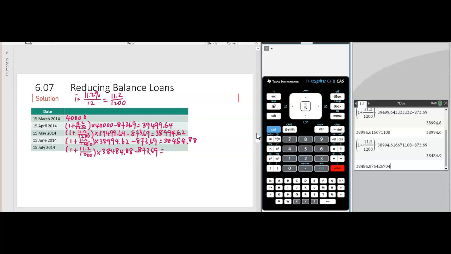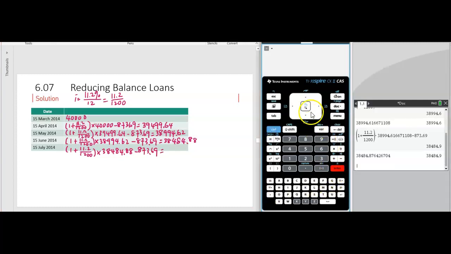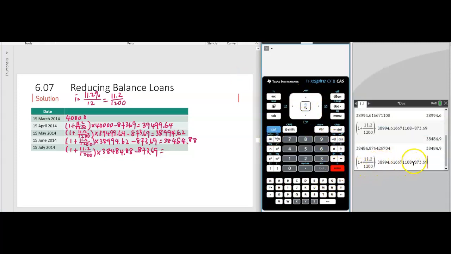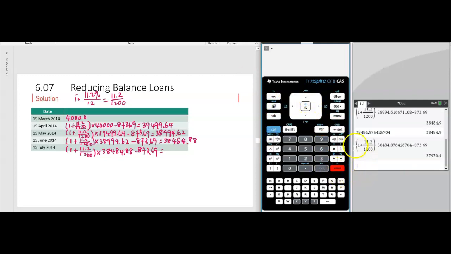Same thing: I can just press enter, then use my calculator to copy, and delete whichever is not relevant and replace it with the relevant value, which is the previous value here. Enter, and I get the answer. Again I need the 2 decimal points. And there you go, this is 37970.38.